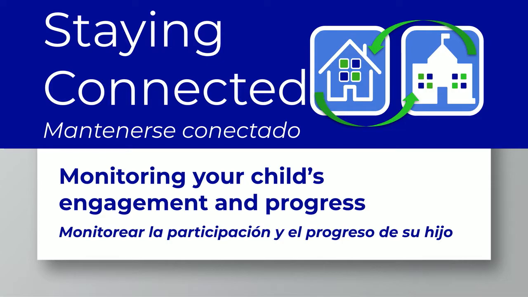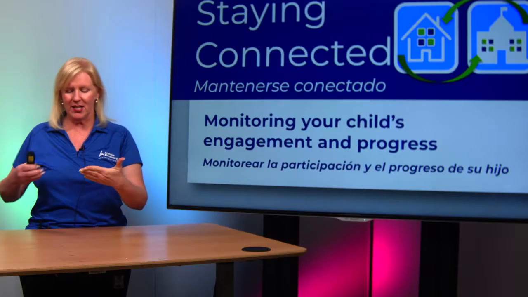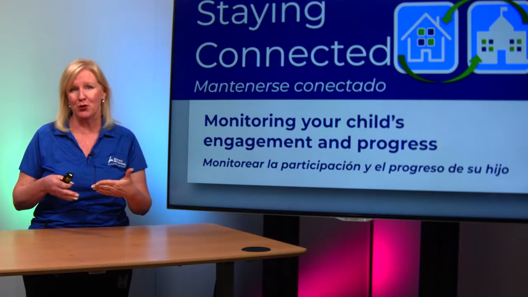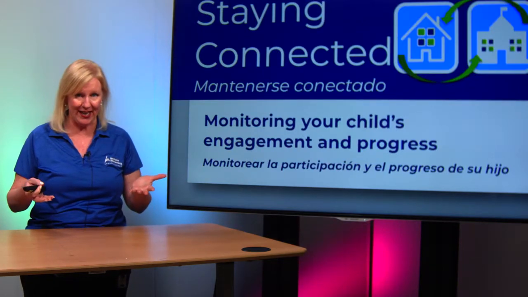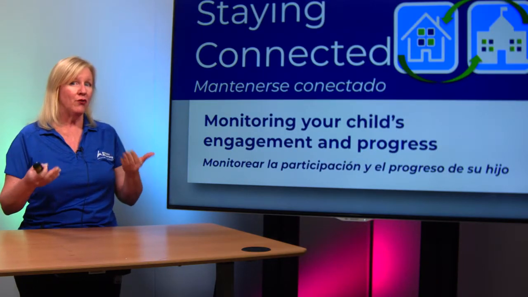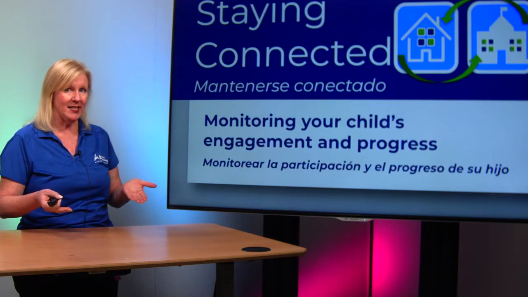Staying connected. This is really critical. You're no longer receiving backpacks full of papers that you can thumb through and kind of keep track of how your kids are doing. We have to really overtly try to stay connected.